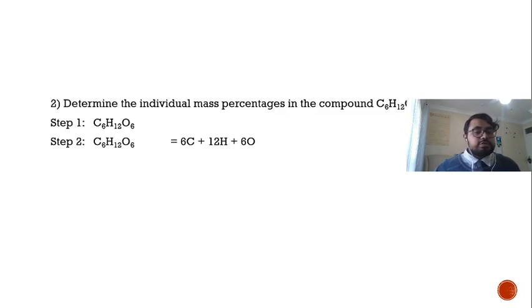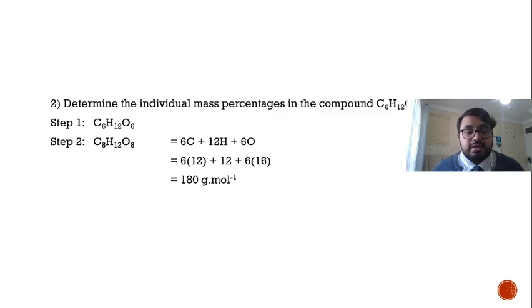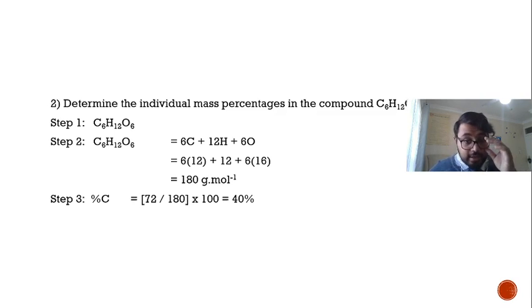So that will be 6 times 12 plus 12 times 1, because the molar mass of hydrogen is 1, and 6 times 16 from oxygen. That gives us a total of 180 grams per mole. And don't forget your unit, please.